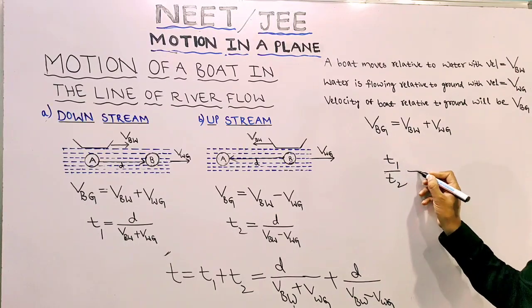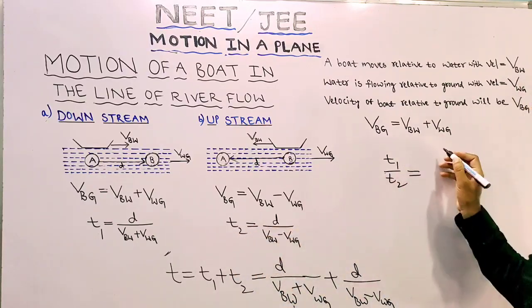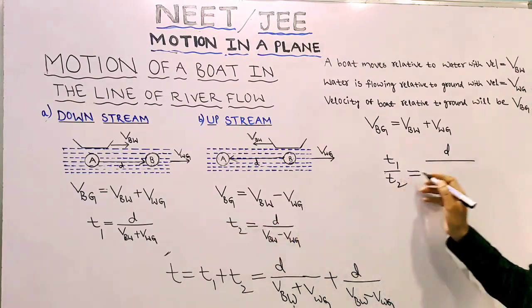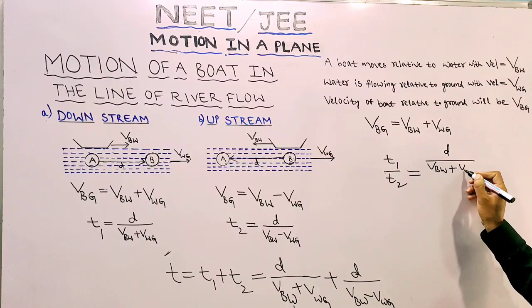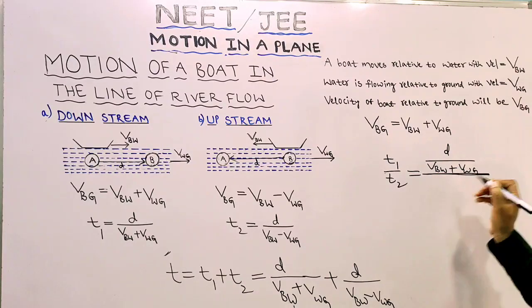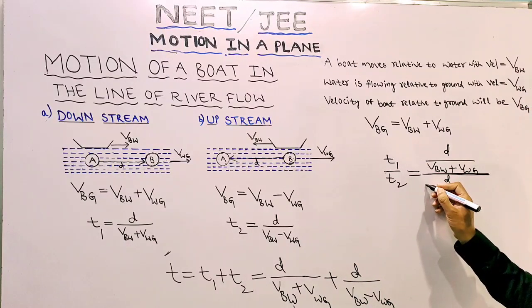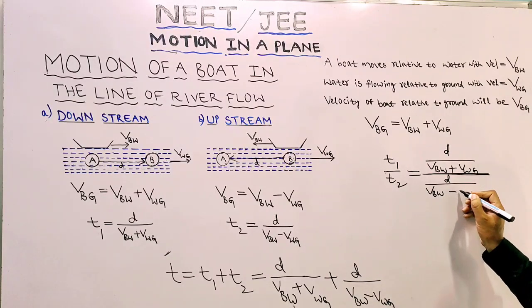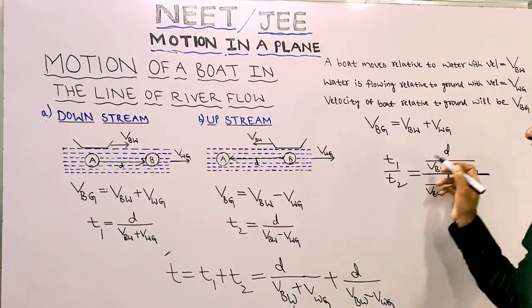T1 is D by (VBW plus VWG), divided by T2, and T2 is D by (VBW minus VWG).